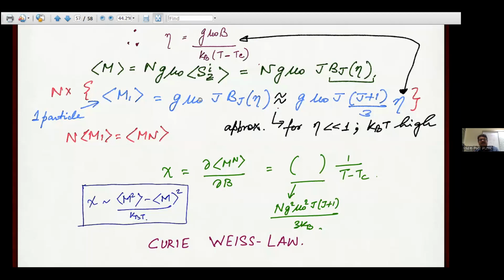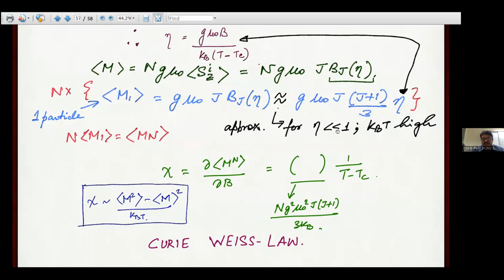So I have rewritten that. Then the magnetic moment of the entire sample is N into G mu0 into the mean magnetic moment, which in turn is J. So this term can be written as J Bj, Brillouin function of J into eta.